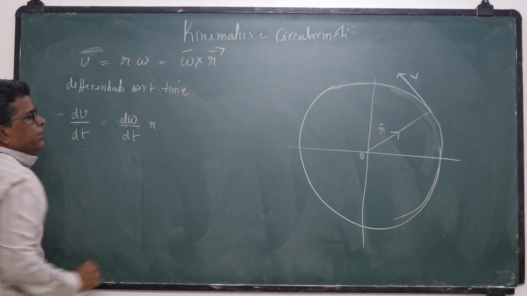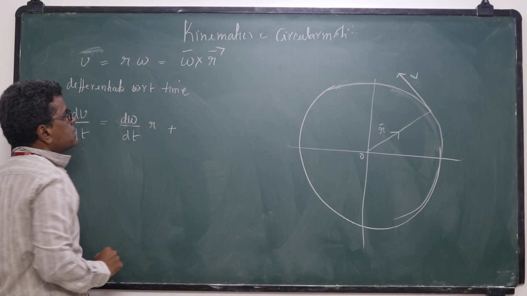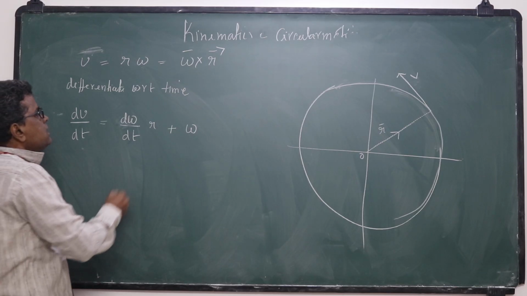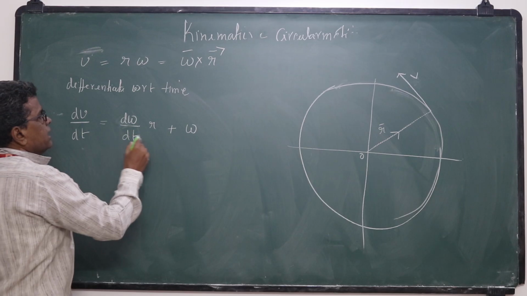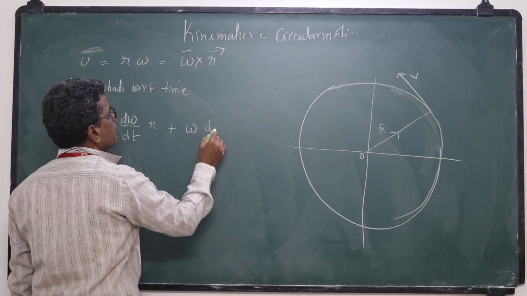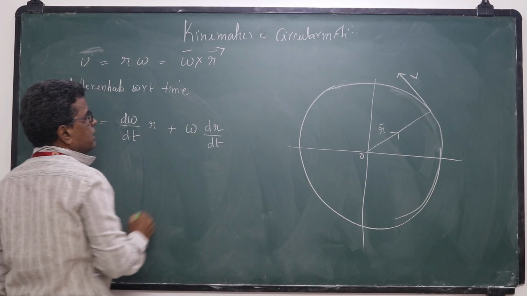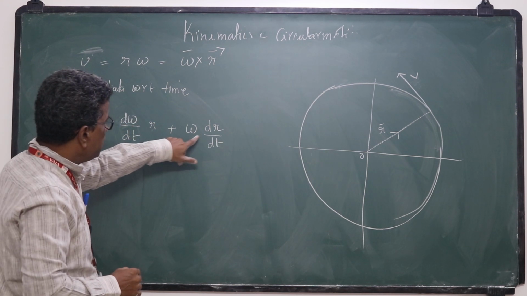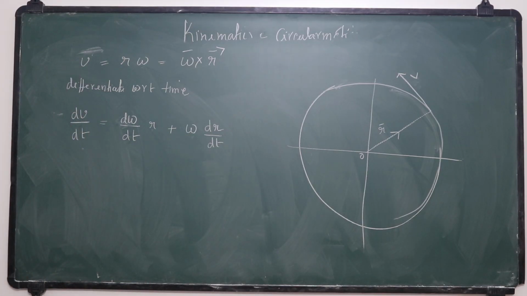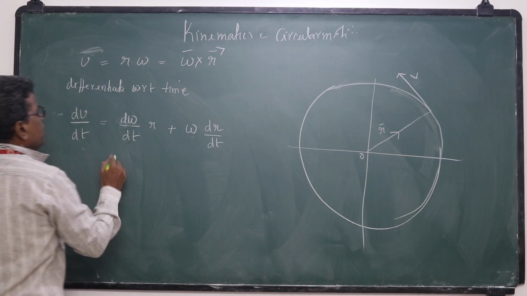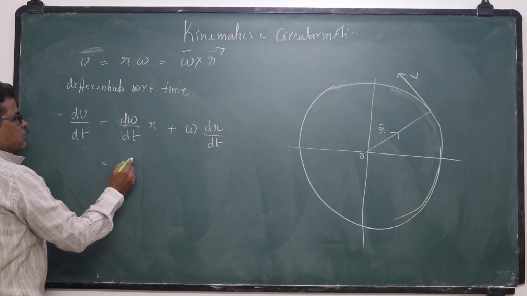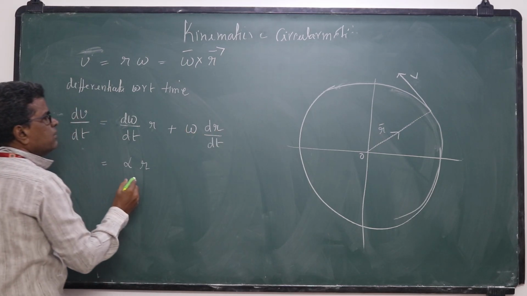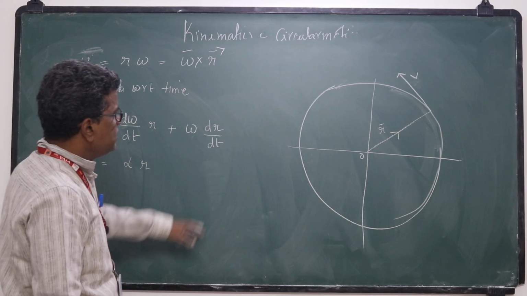So dV by dt: here d omega by dt is alpha, into R, plus omega into dR by dt, the rate of change of position vector.